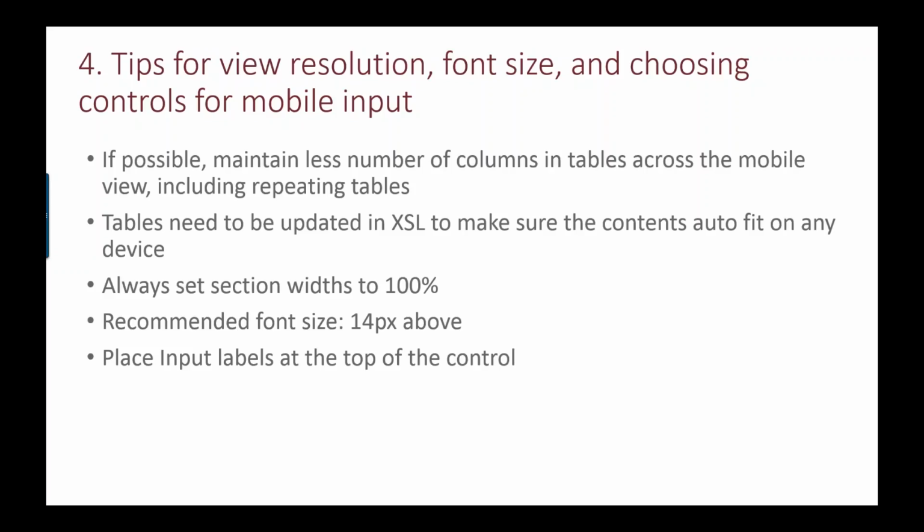Tables need to be updated in Excel, and I mentioned that already. I'm going to show you real quick later what exactly needs to be updated if you find that interesting. And then section widths: best practice is to always just set them to 100%. By default, if I'm not mistaken, they're already set to 100%, but there may be times that you accidentally adjust the size, and it changes to some fixed width, and that will cause a problem.